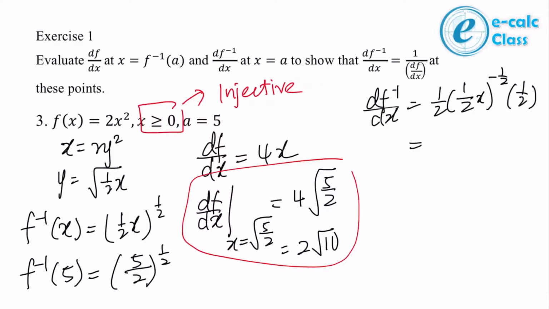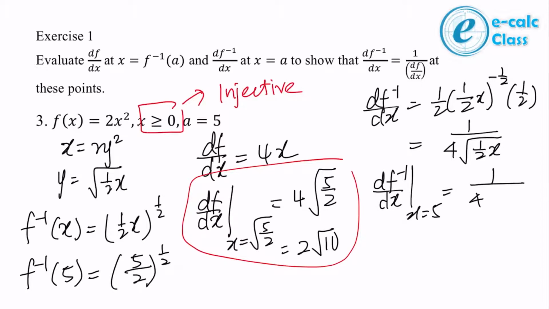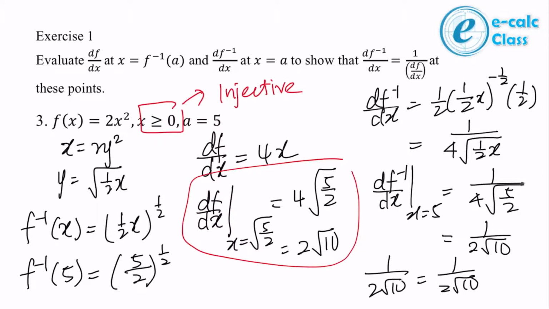So it's 1 over 4 square root half x. So if we substitute in x equals 5, it will be 1 over 4 square root 5 over 2, which you know the answer, like this is 1 over 2 sec 10. So 1 over 2 sec 10 is equal to the reciprocal of 2 sec 10.